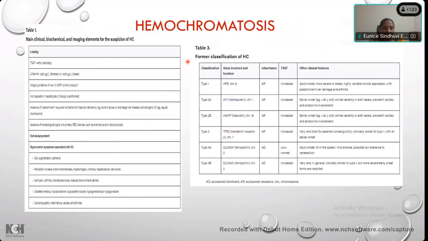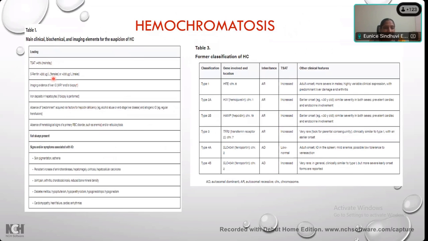So when do we suspect hemochromatosis? In hemochromatosis diagnosis, transferrin saturation is the mainstay for suspicion. It should be more than 45%, which is the first step in the working algorithm for hemochromatosis.